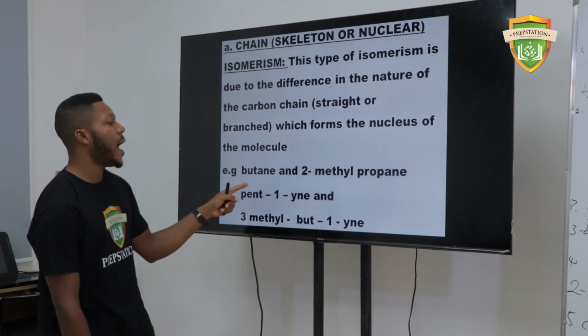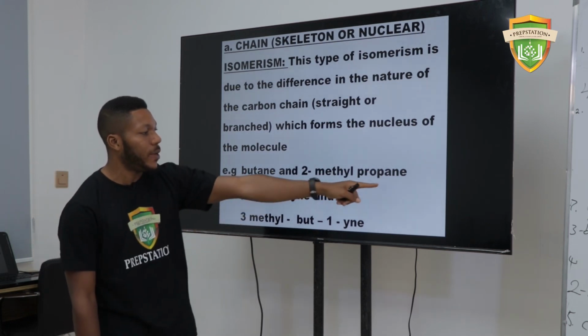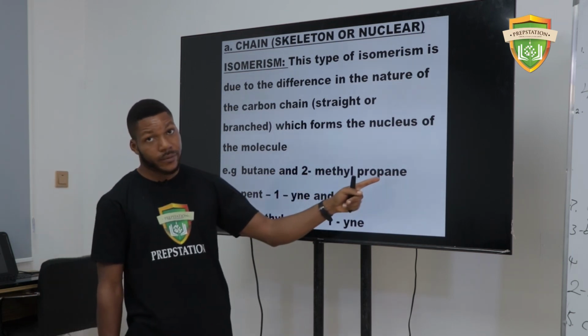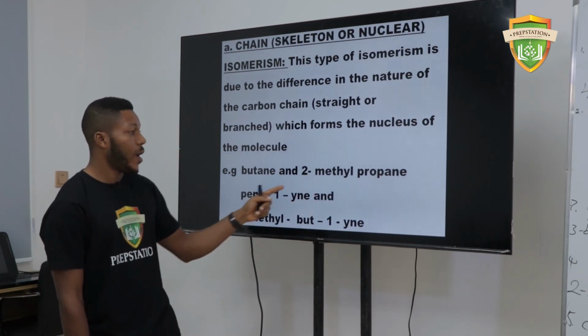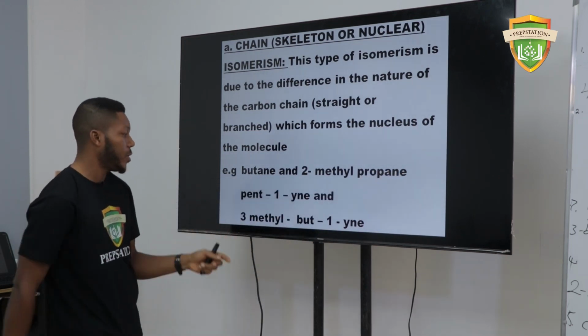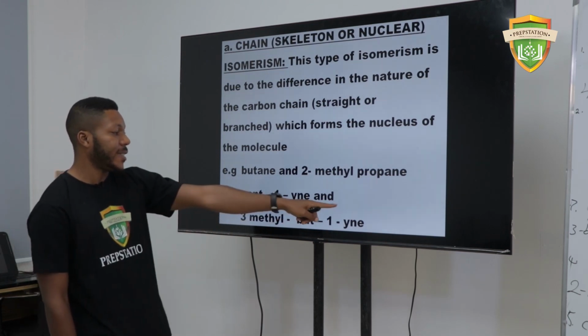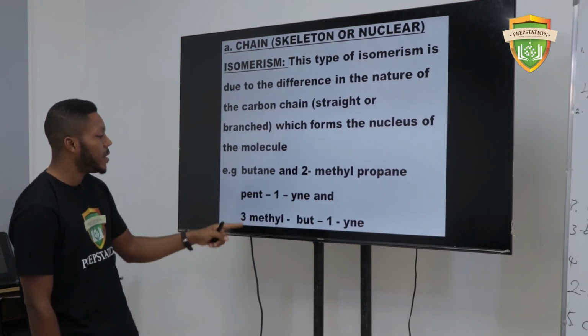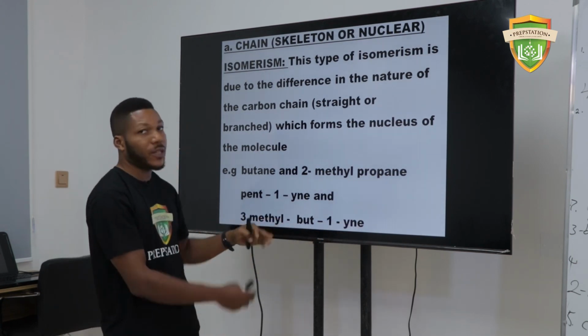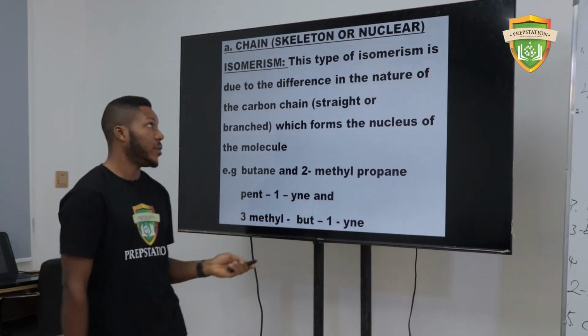Example, butane and 2-methylpropane. They have the same molecular formula but different structures. We have pent-1-yne, and also what? 3-methylbut-1-yne. So this is just a branch of this, but they have the same molecular formula but different what?